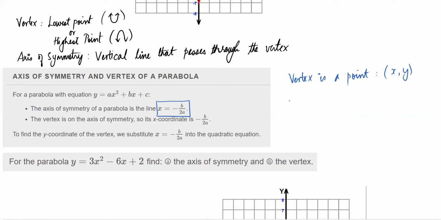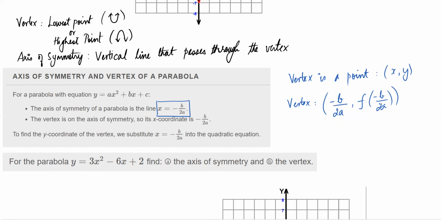So let me write it out here, okay? So vertex is a point where x is negative b over 2a, because you get the a, b, c from the equation. And this is a function of negative b over 2a. What that means is you're trying to plug in this answer into the equation to get the y coordinate.